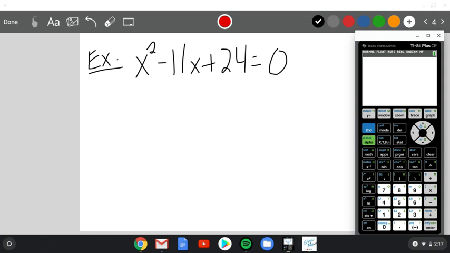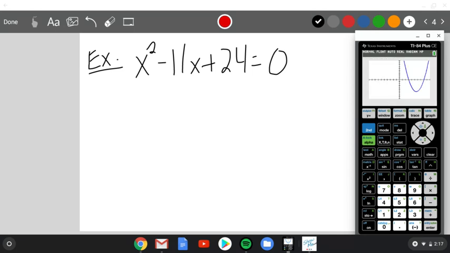We can find where it's crossing the x-axis. This already is, so we're ready to go to y equals. And then in y equals, I'll put the equation: x squared minus 11x plus 24. And just to do the standard 10 by 10 window, I'll push zoom and then 6.